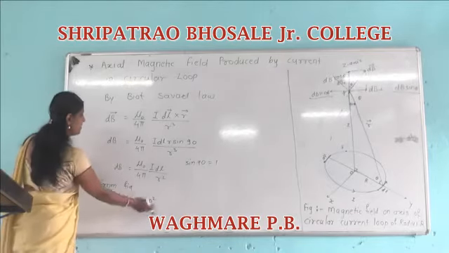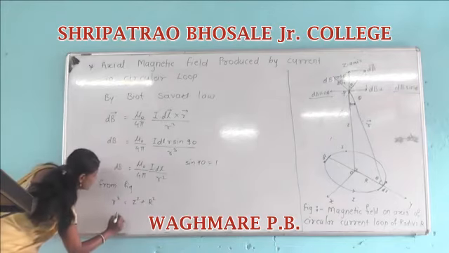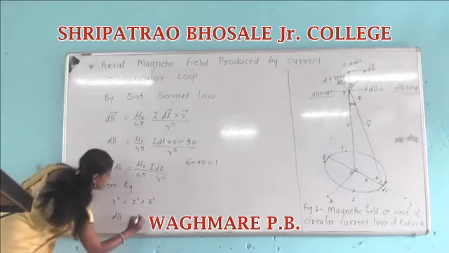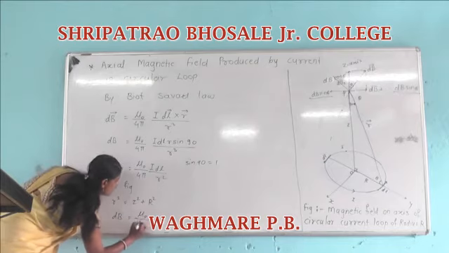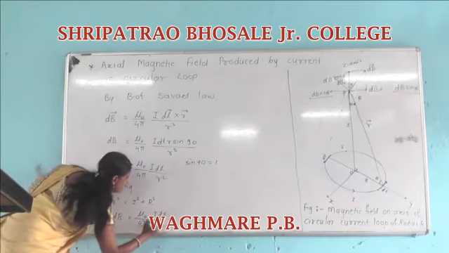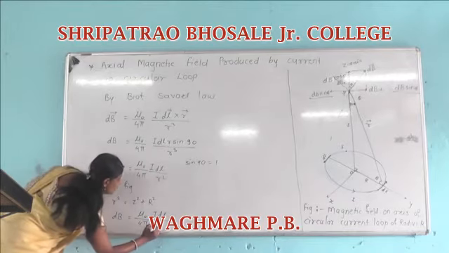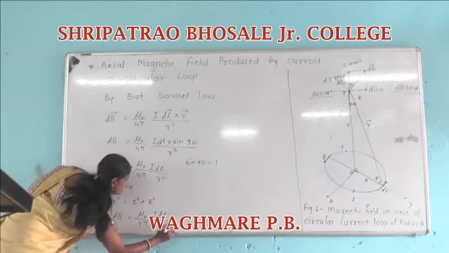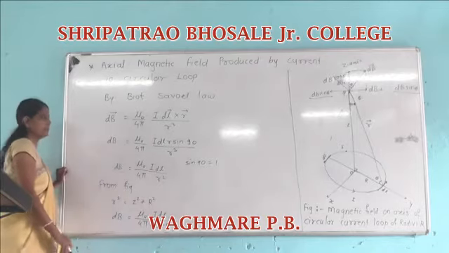We can put this value in this equation, then we get dB is equal to mu naught upon 4 pi I dl upon z square plus R square.